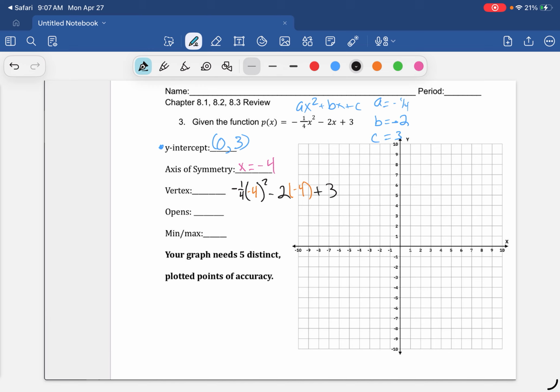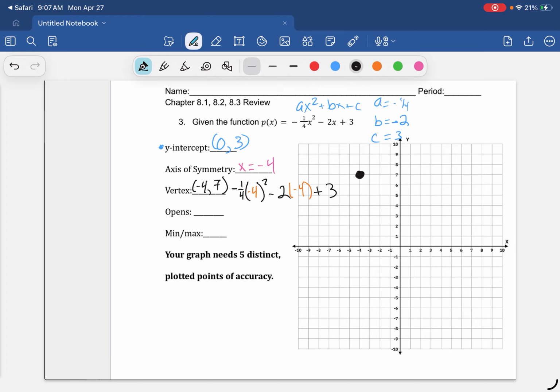Okay, so when I type that into my calculator, it gives me 7. So my axis or my vertex happens at (-4, 7). I'm going to put a dot right there.